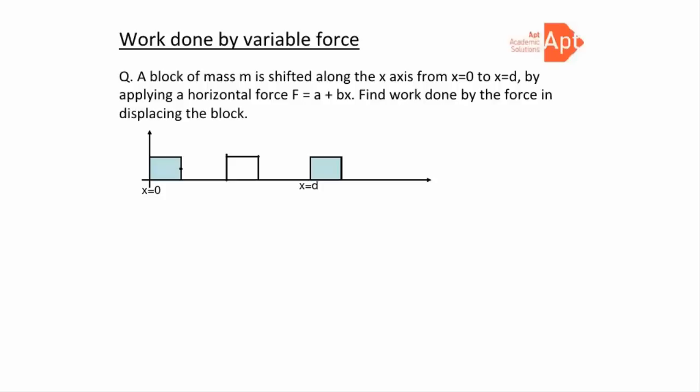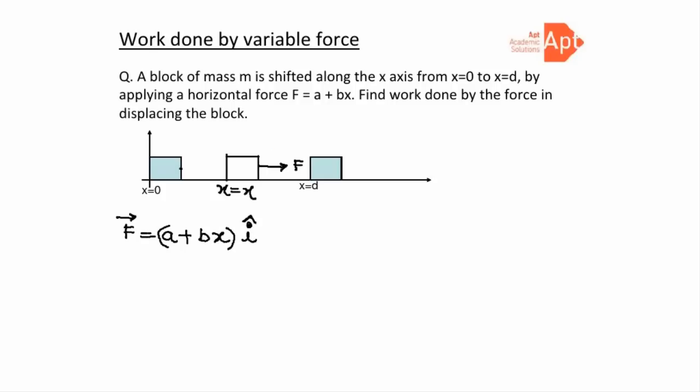The position is x. Now the force acting on it at this instant will be F = a + bx. In vector notation, it is F vector = (a + bx) i cap.